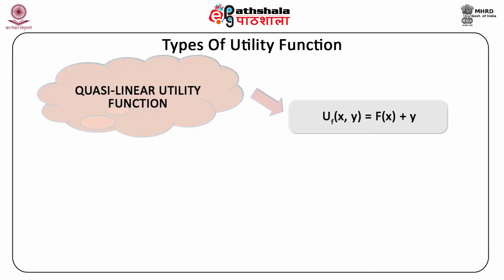The function UF of X, Y is linear in y. In these functions, the utility function is linear in one good, but possibly non-linear in another. Hence the name quasi-linear utility, which means partly linear utility.